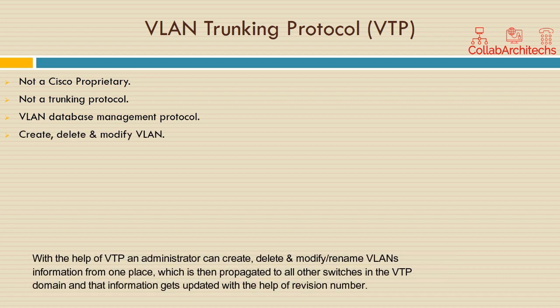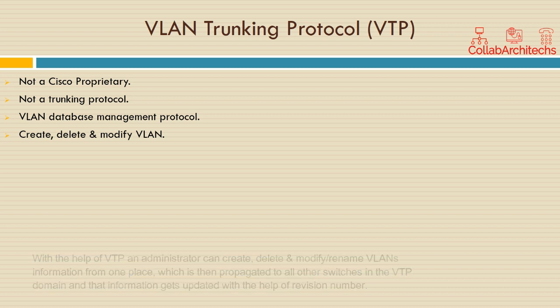With the help of VTP, an administrator can create, delete, and modify or rename VLAN information from one place, which is then propagated to all other switches in the VTP domain. That information gets updated with the help of a revision number.